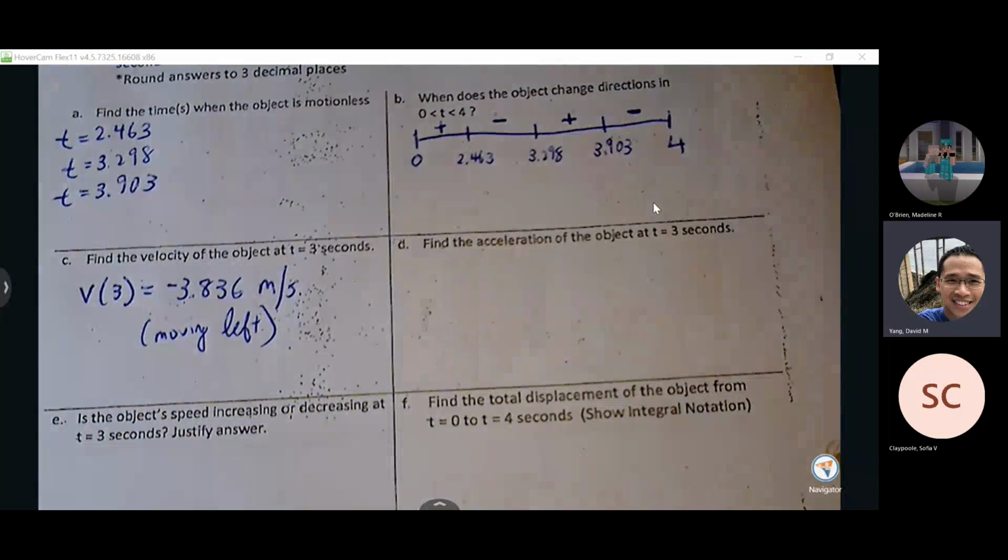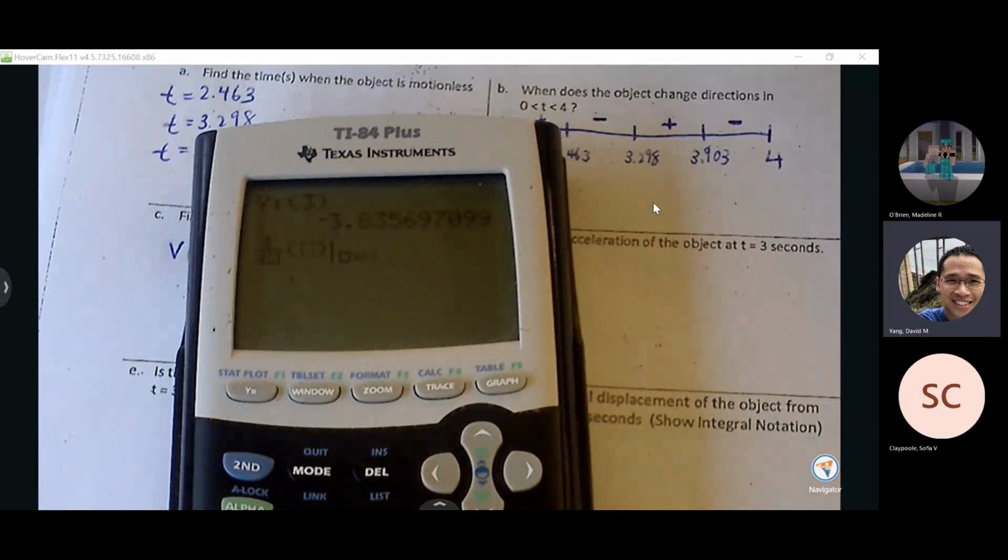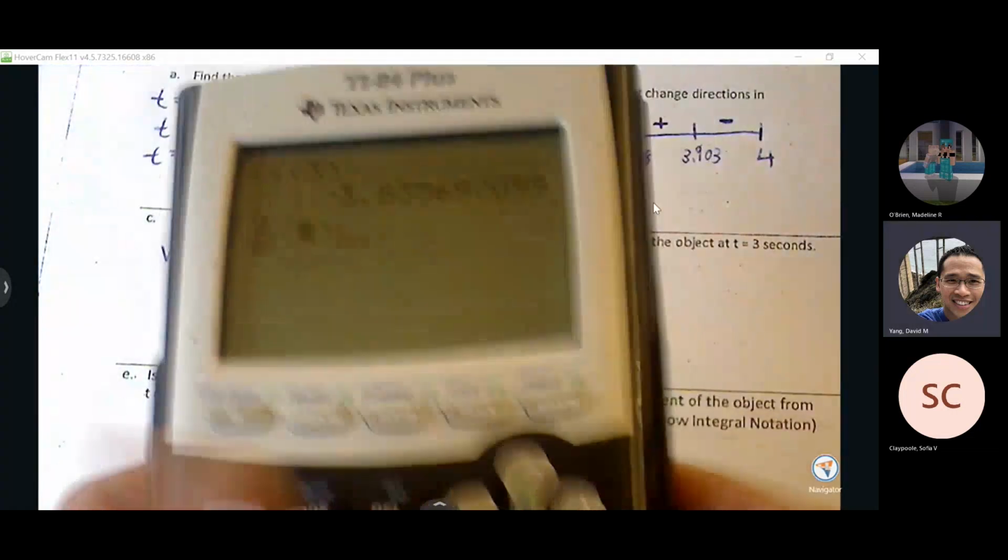So now part D says find the acceleration. Well, acceleration is the what of velocity? Derivative. Yep. So we have a derivative feature for us here. So if we do math 8, math 8 takes you to your nDeriv feature. So d over dx.